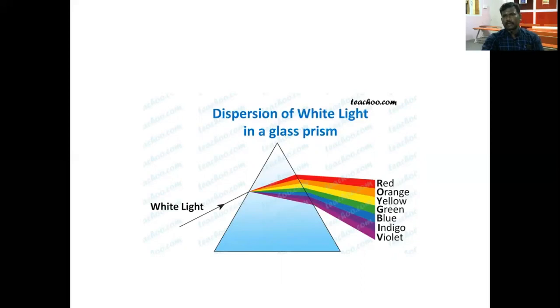So these are the several types of questions they ask with respect to the dispersion of white light in a glass prism. So concentrate on all the questions.